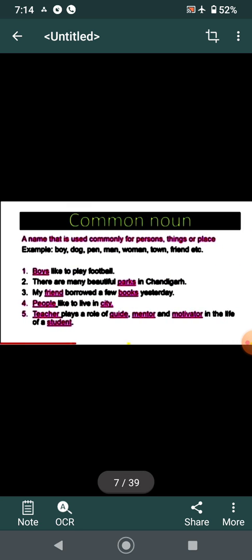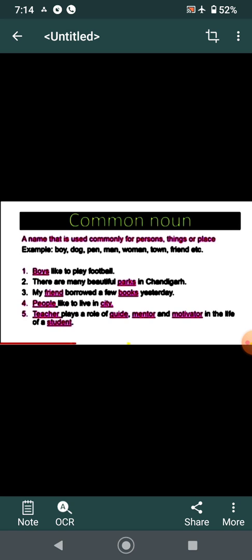Next was your common noun. What was your common noun? A name that is used commonly for persons, things, animals or places. For example, boy, dog, pen, man, woman, town, friend and so on. And here are a few examples again. Boys like to play football. There are many beautiful parks in Chandigarh. My friend borrowed a few books yesterday.